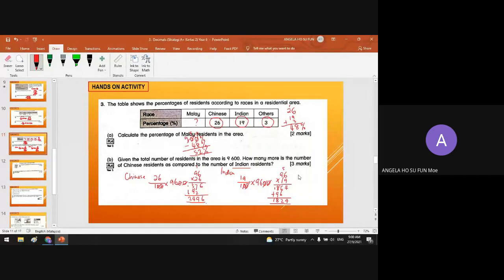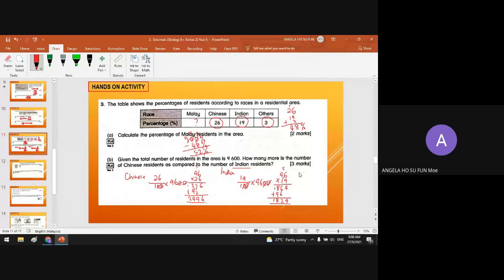Now they ask you, how many more the Chinese than the Indian? So what you can do is get the total of the Chinese residents minus out the Indian residents, then you know how many the Chinese are more than the Indian, right? So this is 2,496. Oh, teacher's pen sometimes got problem.